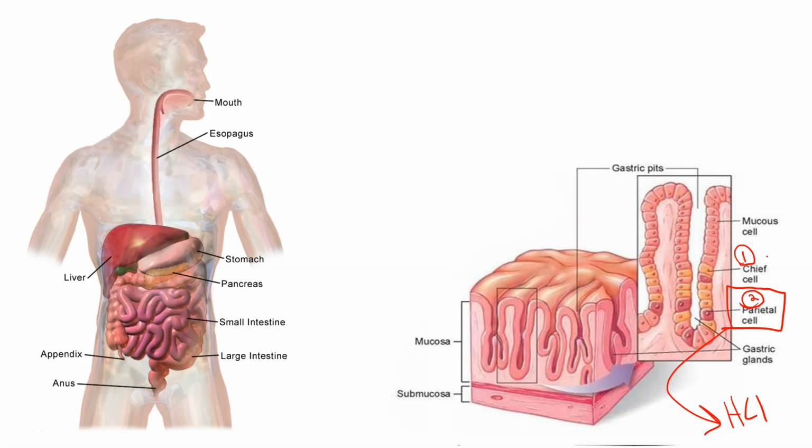The chief cells, then, they actually create this thing that turns into pepsin. And pepsin is an enzyme that breaks down proteins. So one of the main events happening in the stomach is really protein digestion.